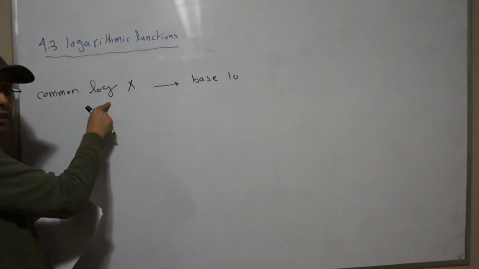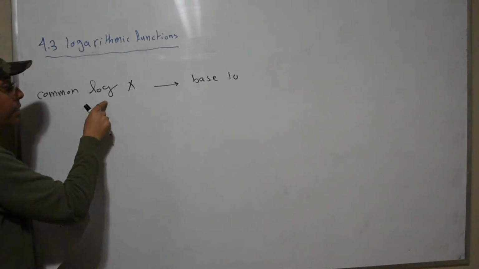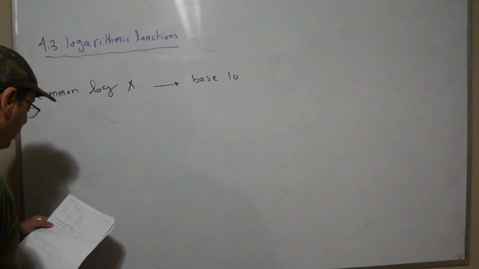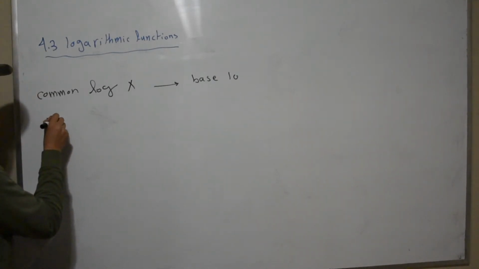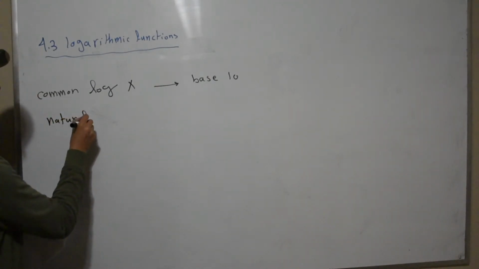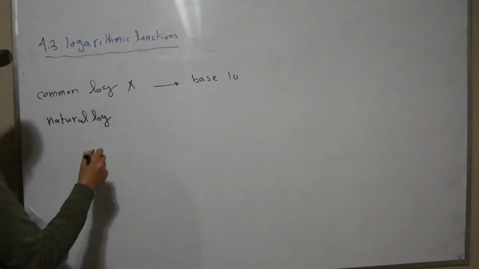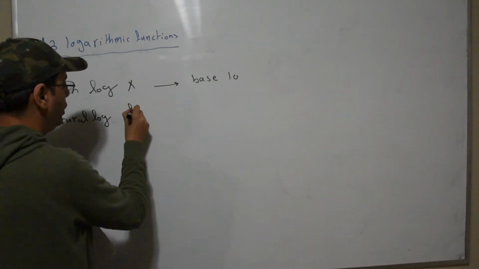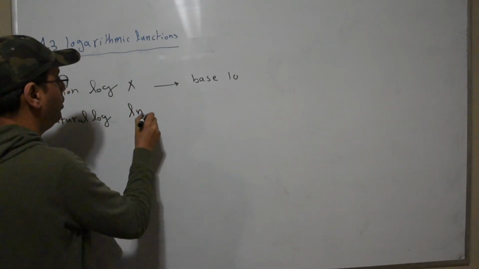So when I don't write the base, it means that the base of the log is 10. Another one we call the natural log, which I write as ln of x.